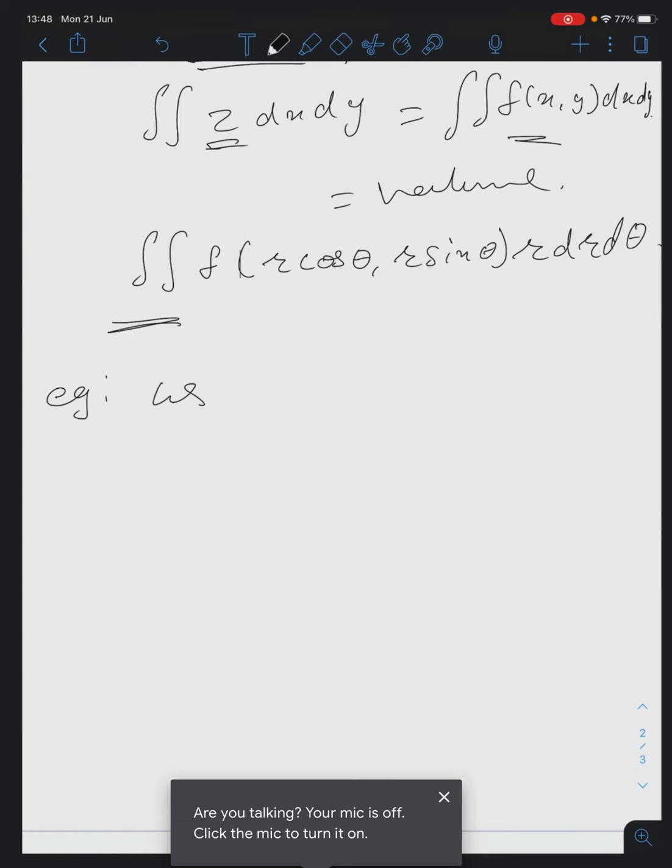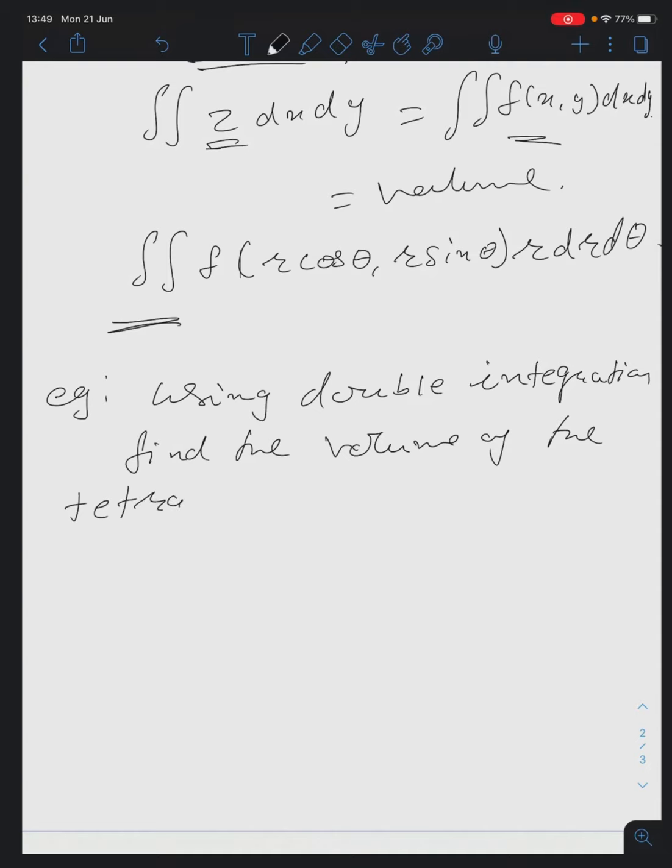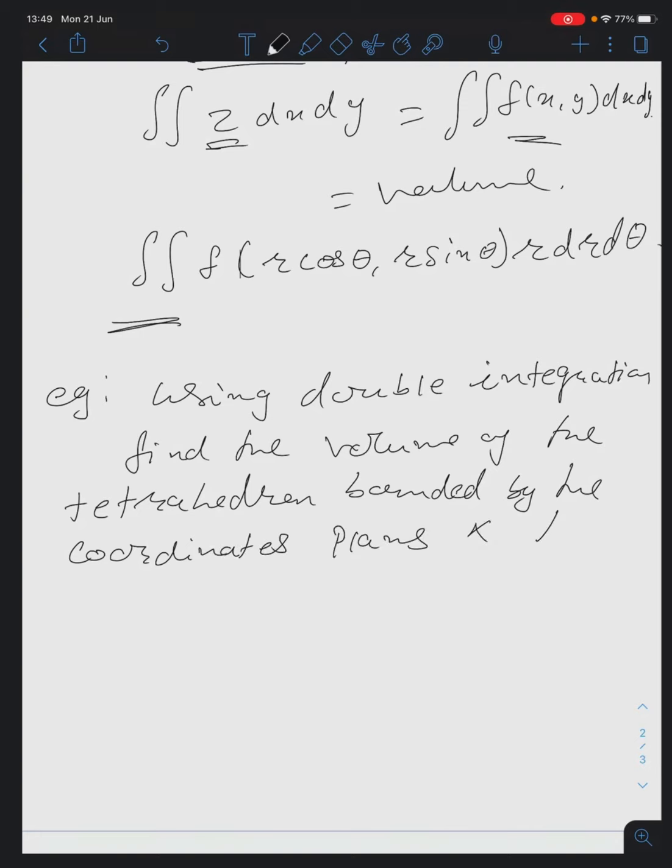But in particular if they mention using double integration: find the volume of the tetrahedron bounded by the coordinate planes and the plane x by a plus y by b plus z by c is equal to 1.